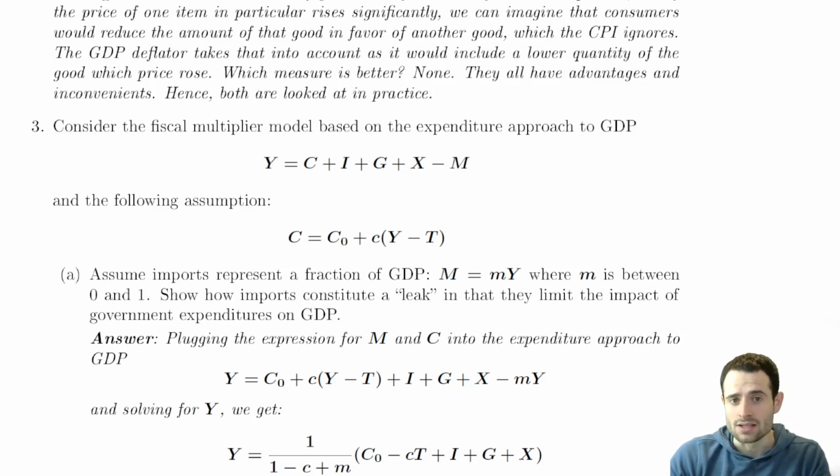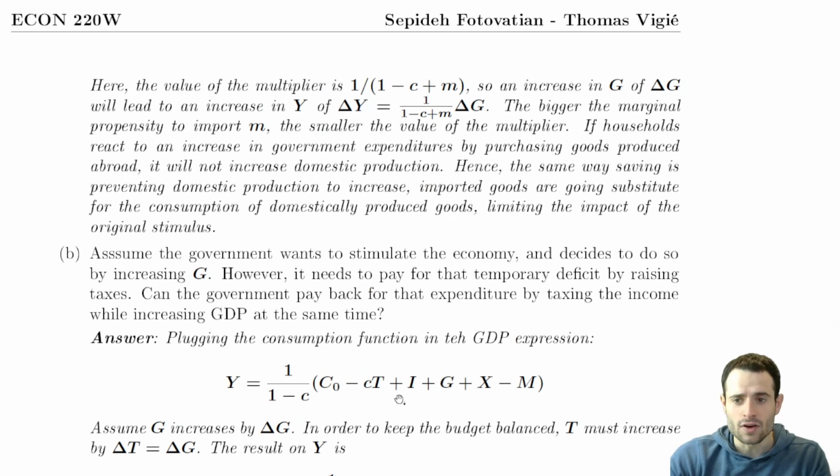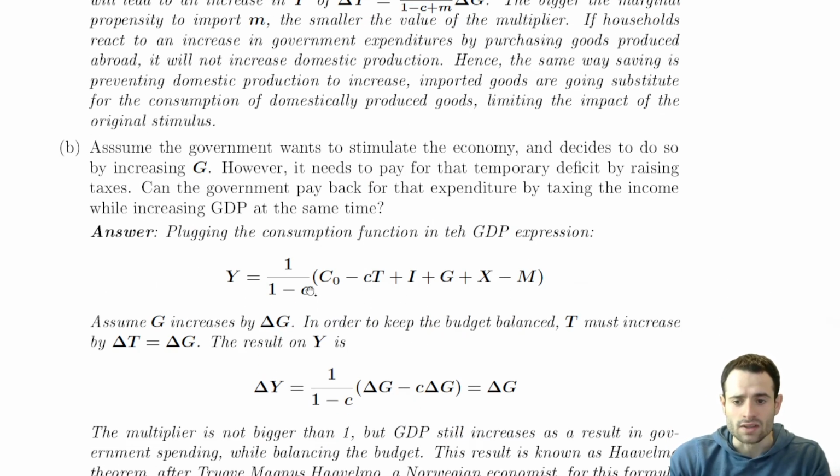But if, on the other hand, they think that the future is very uncertain, they might lose their job, or they fear that there's going to be a lot of inflation and so on, they might actually prefer to save more of their money and they will consume less. That in principle should not make a big difference, but it all depends on what this C is.